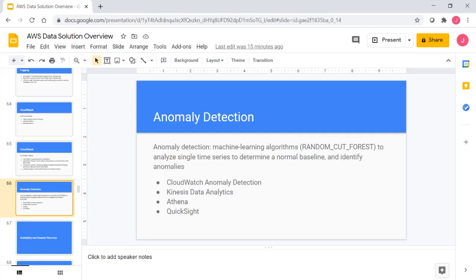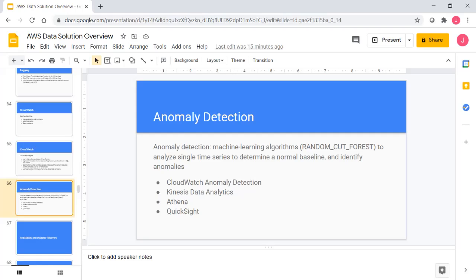And CloudWatch has its own version of anomaly detection, which will define, based on some logs or metrics, anything that doesn't look right. So this is actually the best and most utilized machine learning algorithm inside AWS operation.